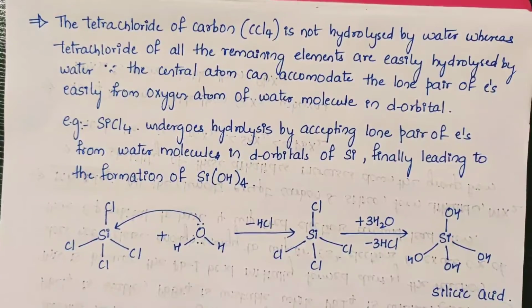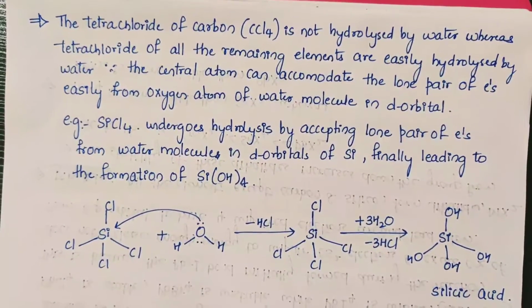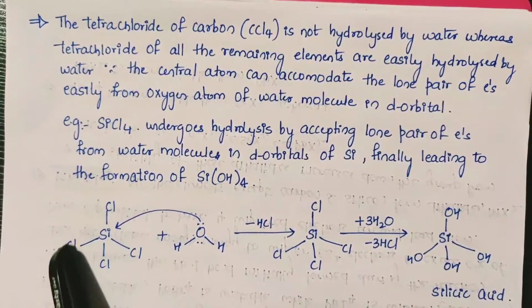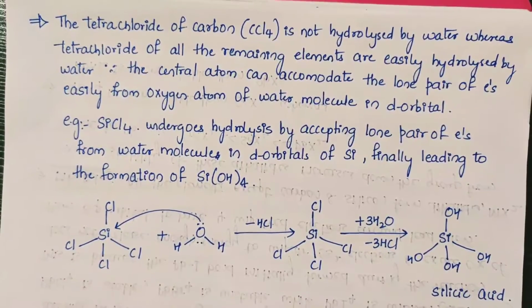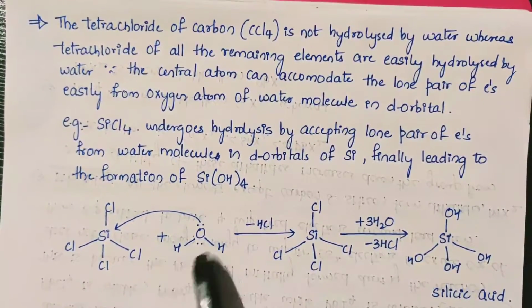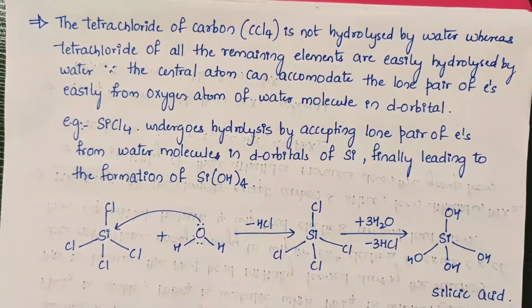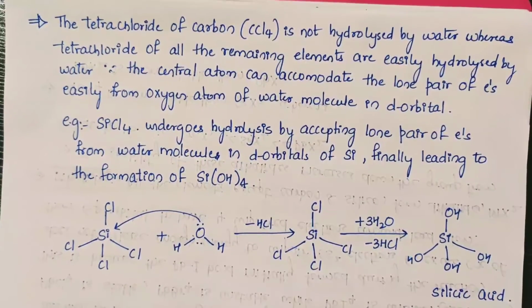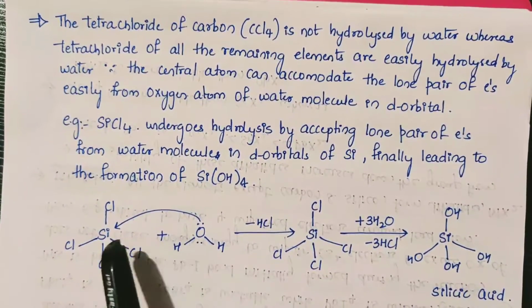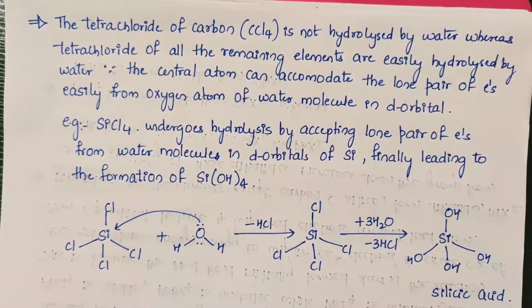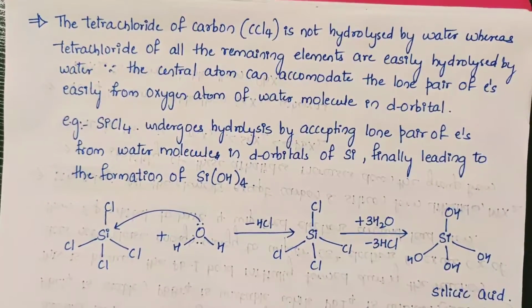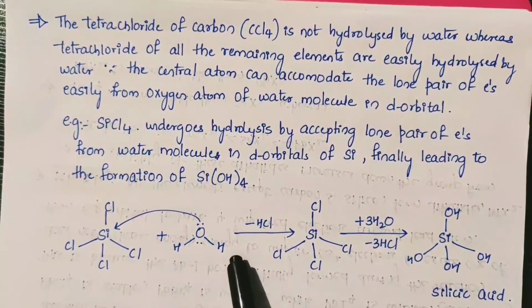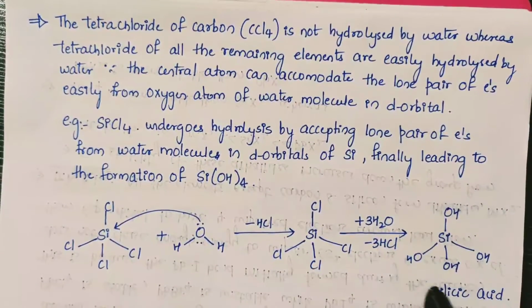We can understand this with an example, silicon tetrachloride. Silicon is the central atom here, and it can accommodate the lone pair of electrons from the water in the d orbital. So you are getting silicic acid.